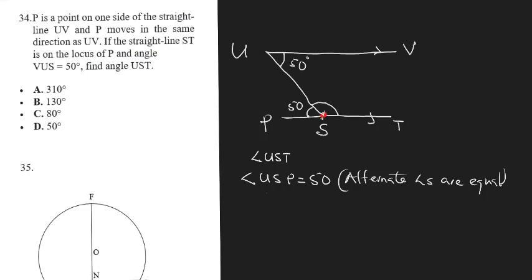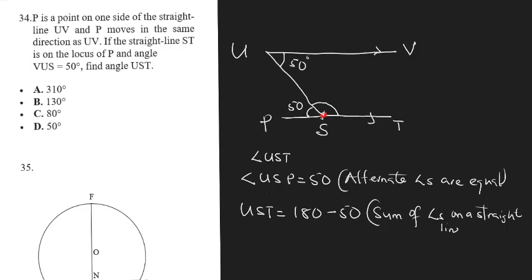Because it is a right angle triangle, we can say that our angle UST is equal to 180 degrees minus 50, because the sum of angles on a straight line is 180 degrees.